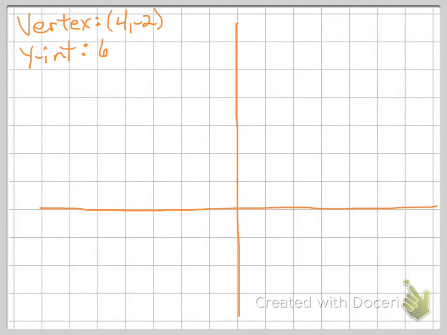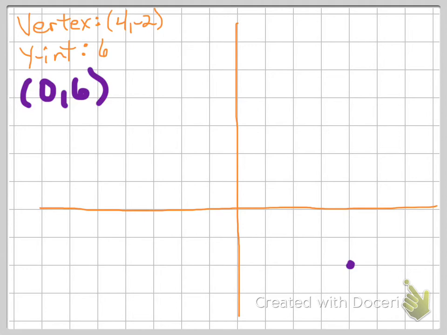Okay, close enough. Vertex is at 4, negative 2, so 1, 2, 3, 4, negative 1, 2. There we go. And then it says y-intercept is at 6, so that means 0, 6 is that point.